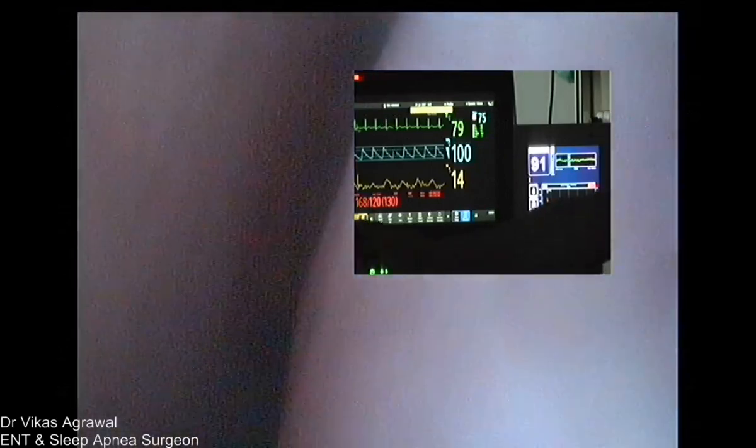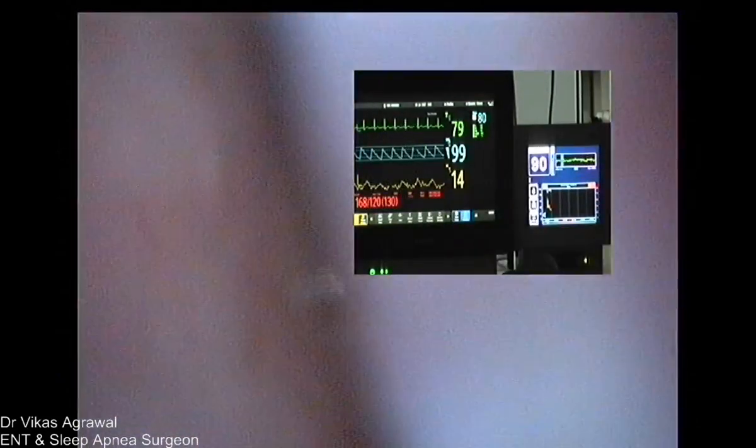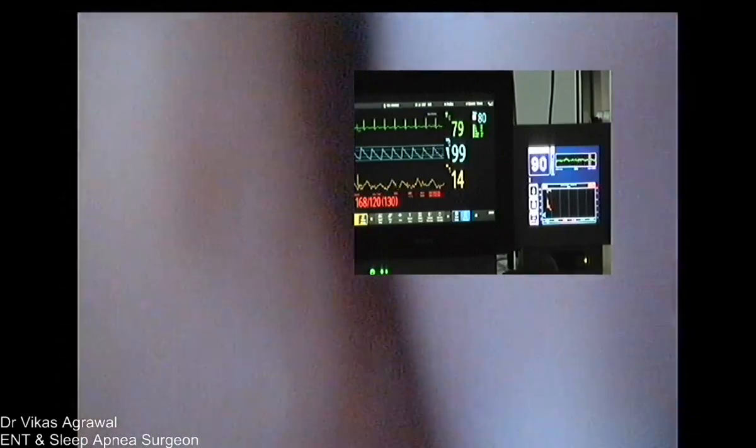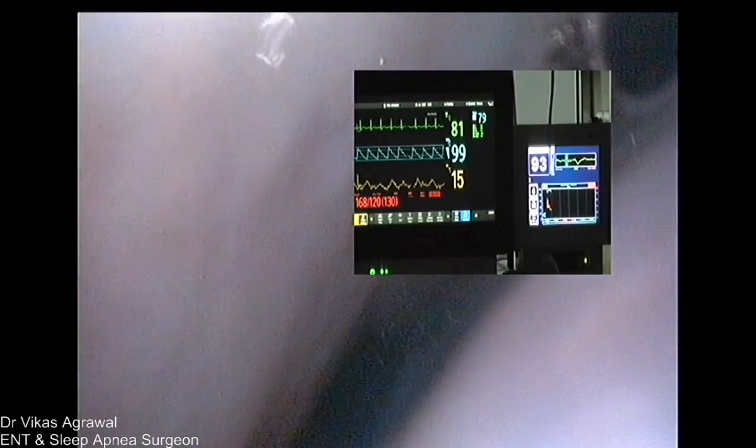And this is the live surgery workshop on snoring and sleep apnea surgery. Today, 23rd of July, 2017. And this is the first case.